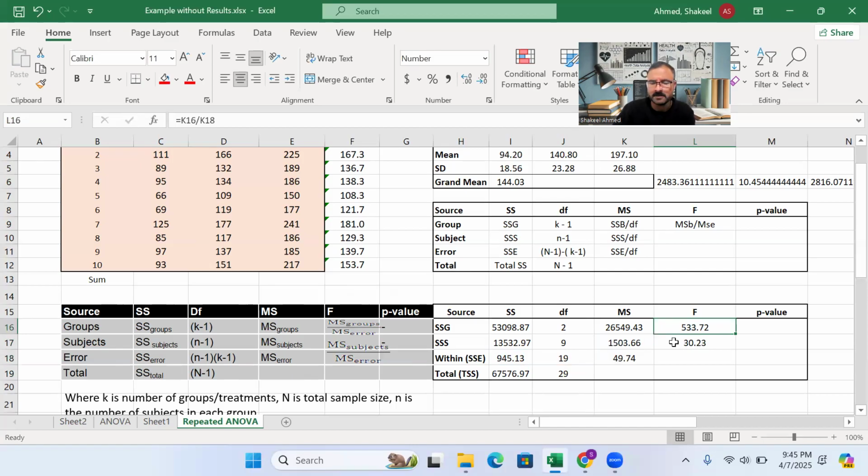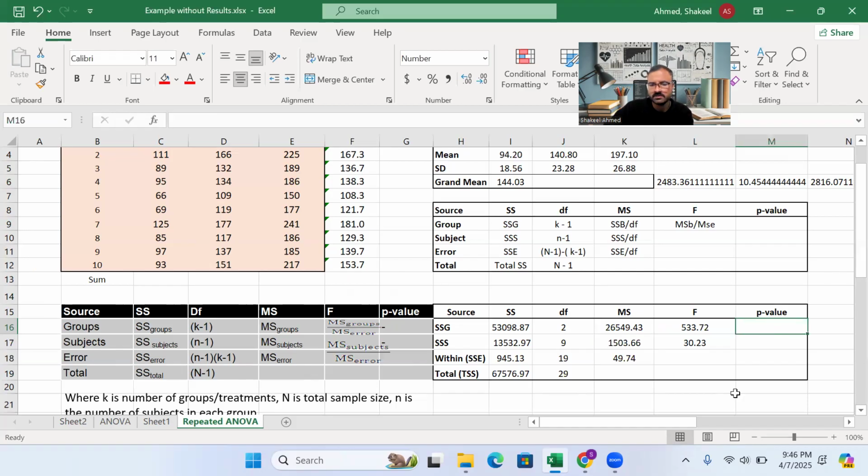So the between group F statistic is 533, which is so high. So we can easily conclude that the three groups are significantly different. The three means are significantly different, or the mean diastolic blood pressure is different on three different time points.